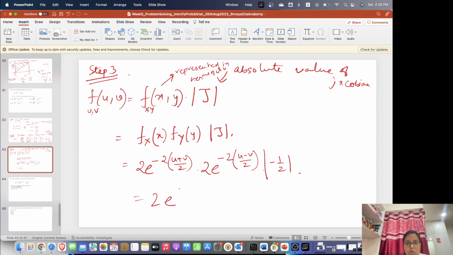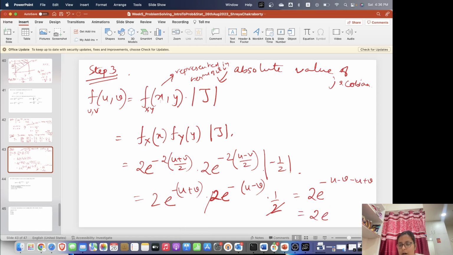So what we have is 2 e to the power minus (u plus v) into 2 e to the power minus (u minus v) into half. So this 2 and this 2 is cancelling. We have 2 e to the power minus (u plus v) minus (u minus v). So we have 2 e to the power minus 2u.